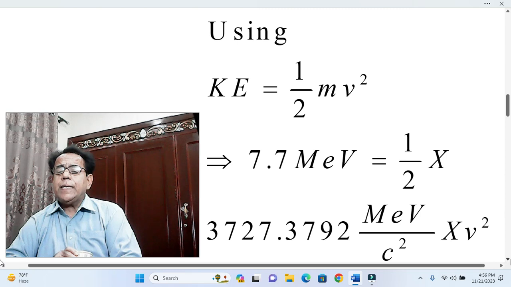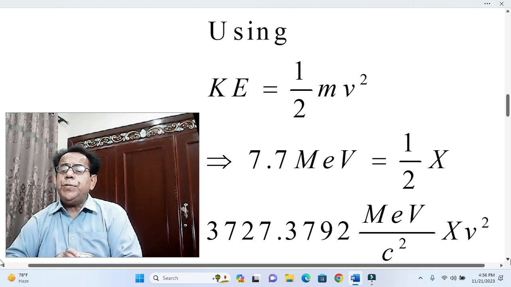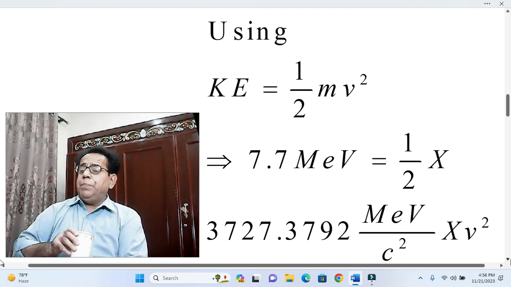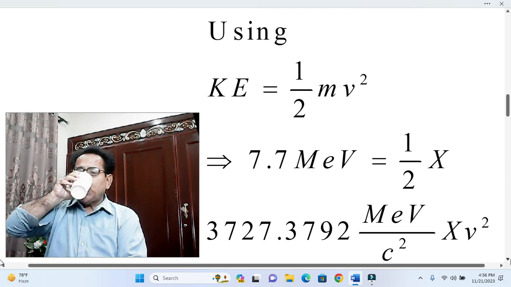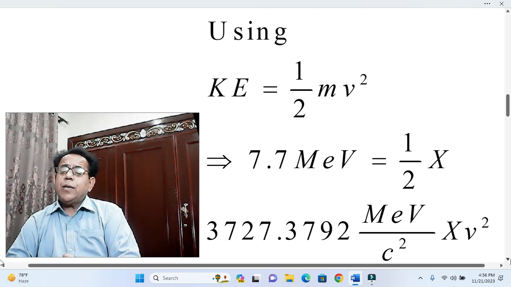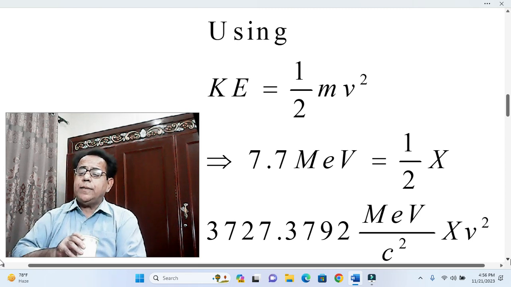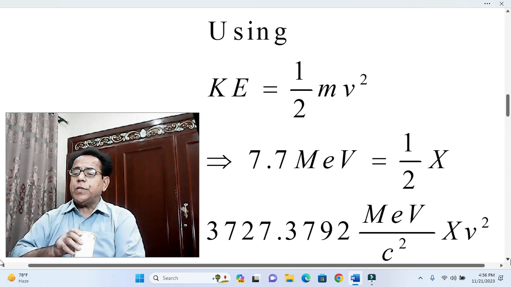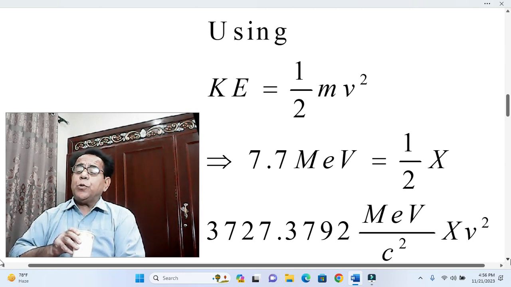In place of K, we have used this value provided in the statement, and in place of m, we have used the value given in the mass of particles table for alpha, which is 3727.3792 million electron volt over c square, and we have not disturbed v square because we are going to determine the value of v.